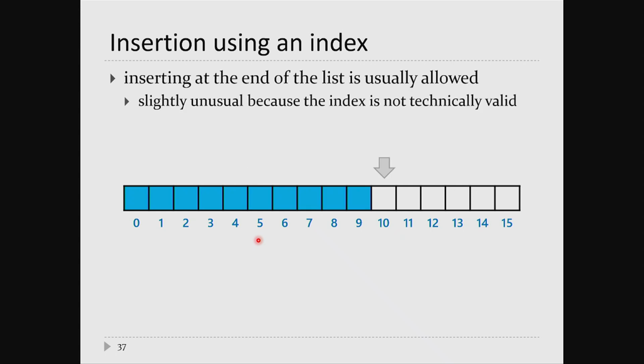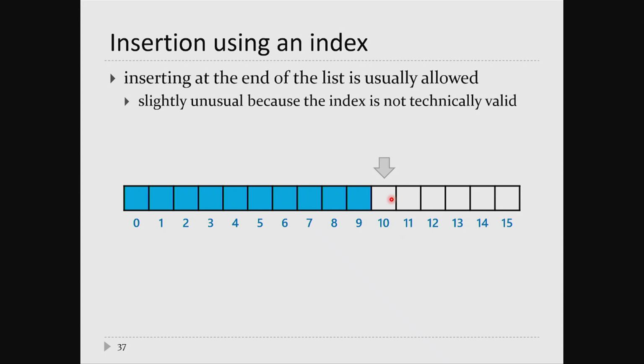Adding an element or inserting an element is a little bit weird because most implementations let you insert at the end. So remember, this is going to be add at some index, some element. Most implementations of insert let you insert at the location past the current end of the list, which is weird, because index 10 in this list is invalid.